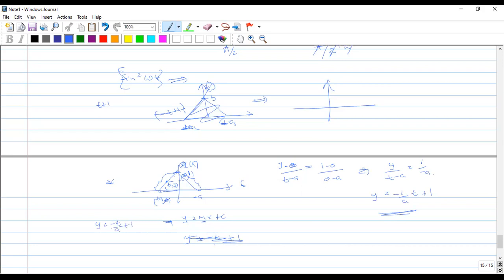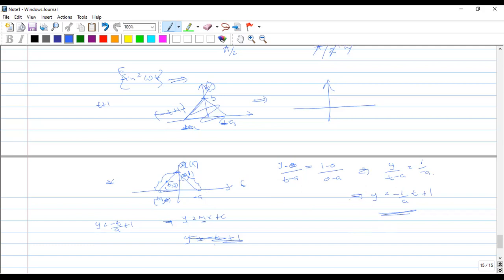So this is the equation for this part, and you have to find this part too.